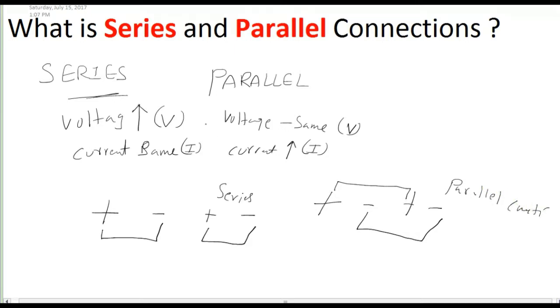Let us take an example of batteries, how they get connected, and how to make a simple drawing.